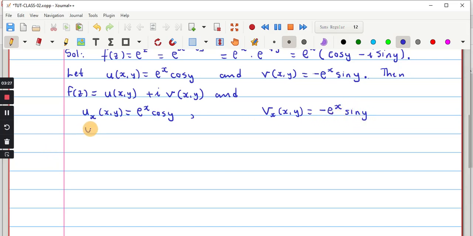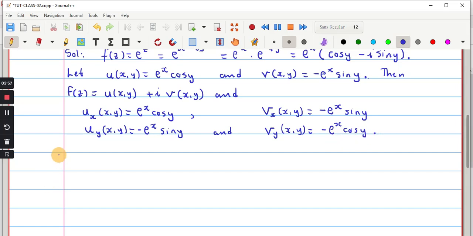The partial derivative of u with respect to y is minus e to exponent x sin y. And the partial derivative of v with respect to y is minus e to exponent x cos y. So that's what we have.